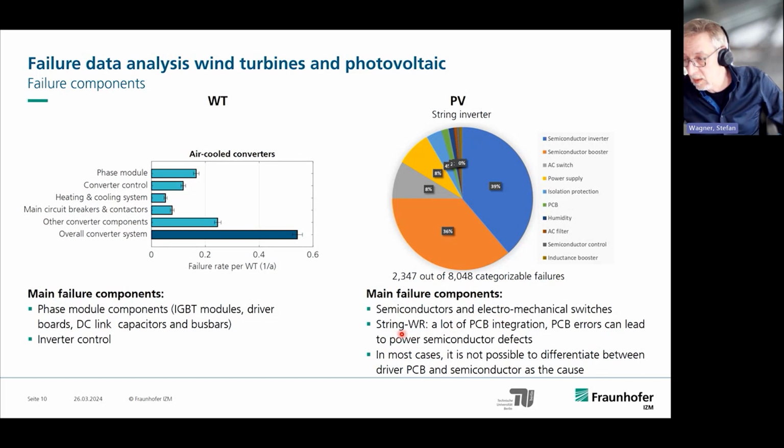In a string inverter, you have a lot of PCB integration, so PCB errors can lead to power semiconductor defects. In most cases, it's not possible to differentiate between driver PCB and semiconductor as the cause on the system side.